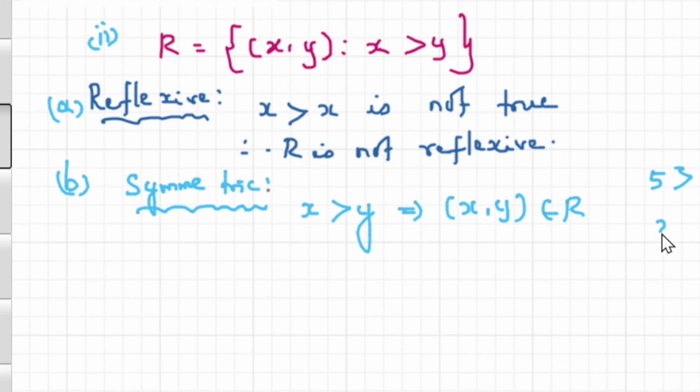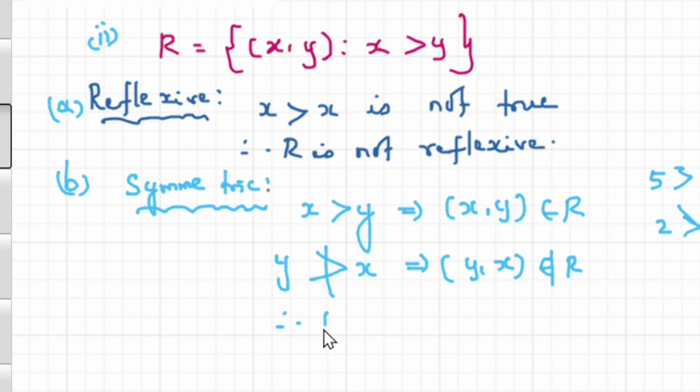But it need not imply that 2 is greater than 5. It is not true, isn't it? So y is not greater than x. So y comma x does not belong to R. Therefore R is not symmetric.